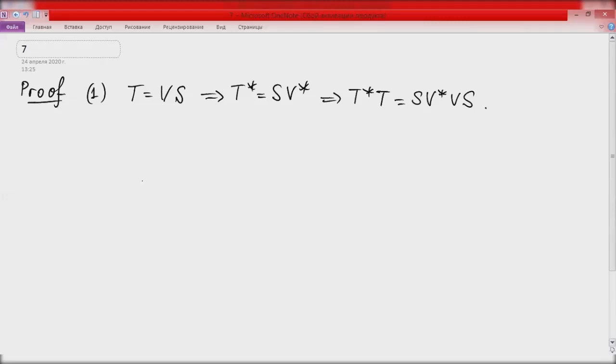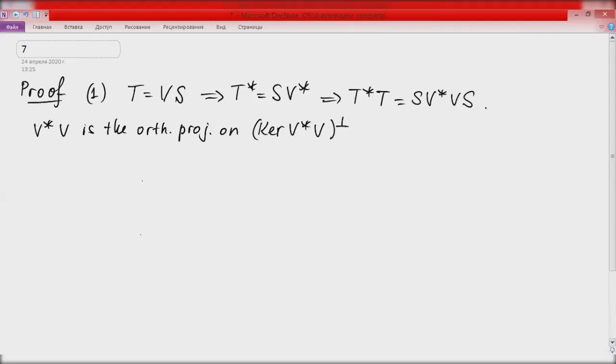Namely, we observe that V star V is the orthogonal projection onto the orthogonal complement of its kernel, just because it is an orthogonal projection.